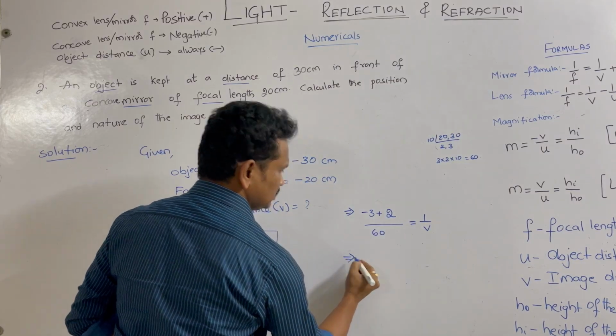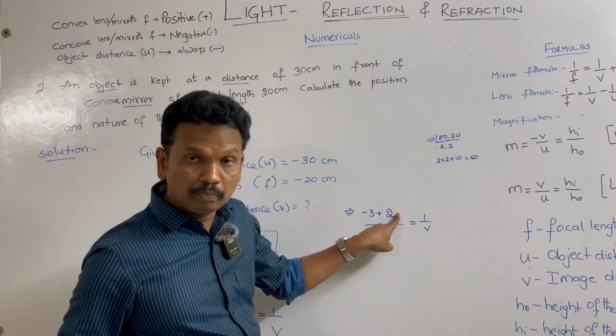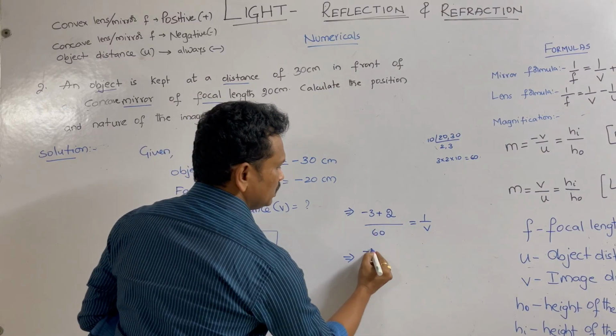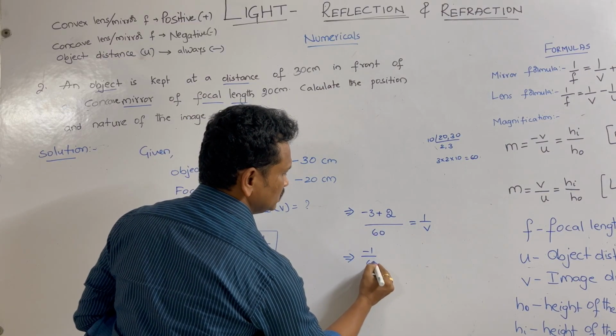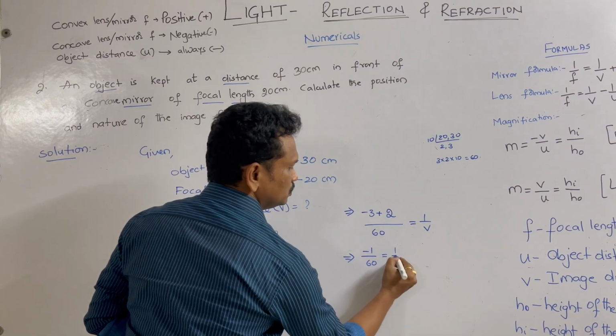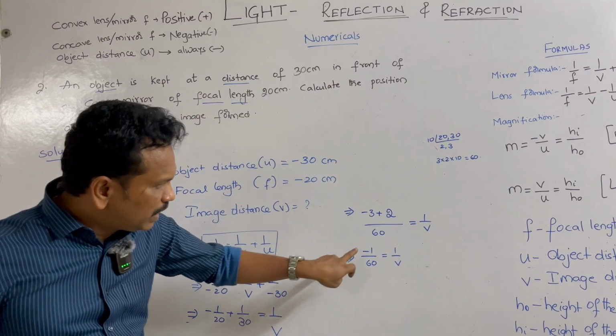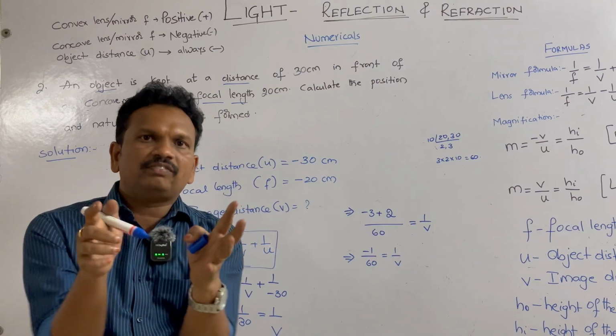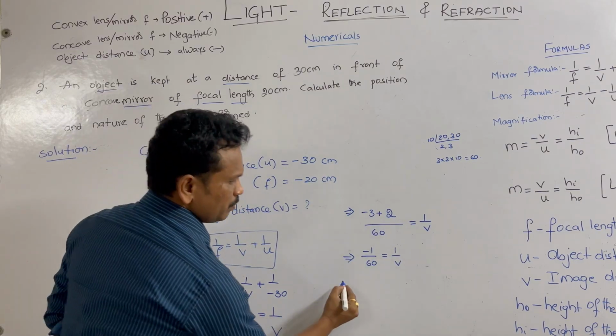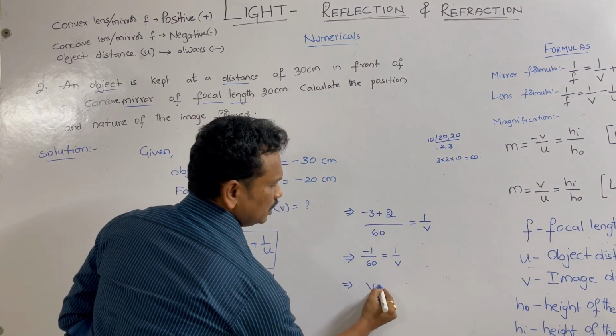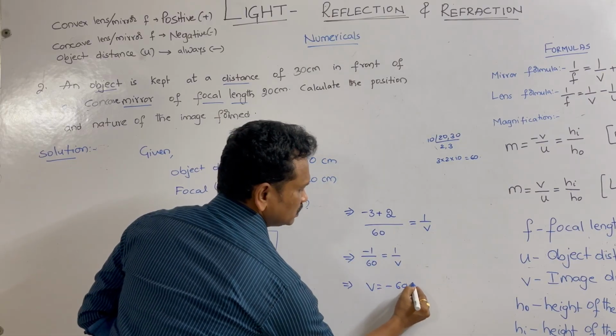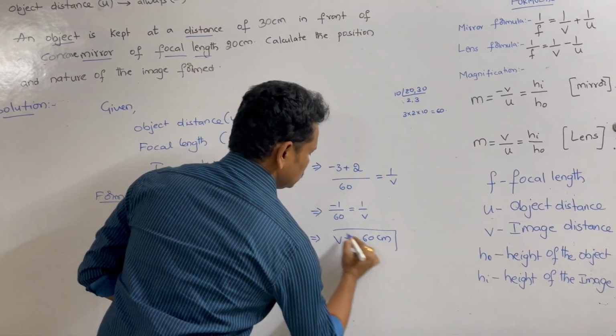That implies minus 3 plus 2, minus 1 by 60 is equal to 1 by v. Here the minus symbol belongs to the whole fraction. Therefore, v is equal to minus 60 centimeters.